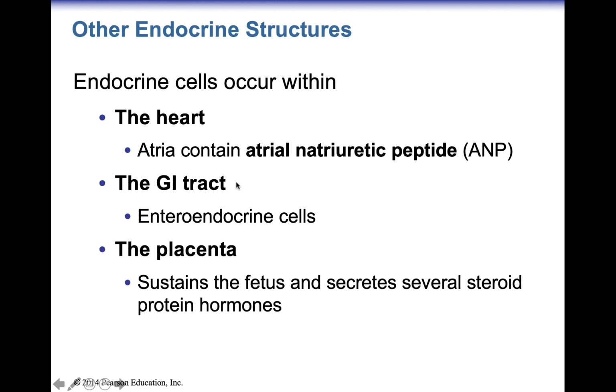In the GI tract, specifically your intestines, you have what's called enteroendocrine cells. These guys make hormones that help regulate digestion. And then the placenta itself can start producing its own hormones after about 7 weeks of pregnancy and doesn't rely on mom's hormones as much.